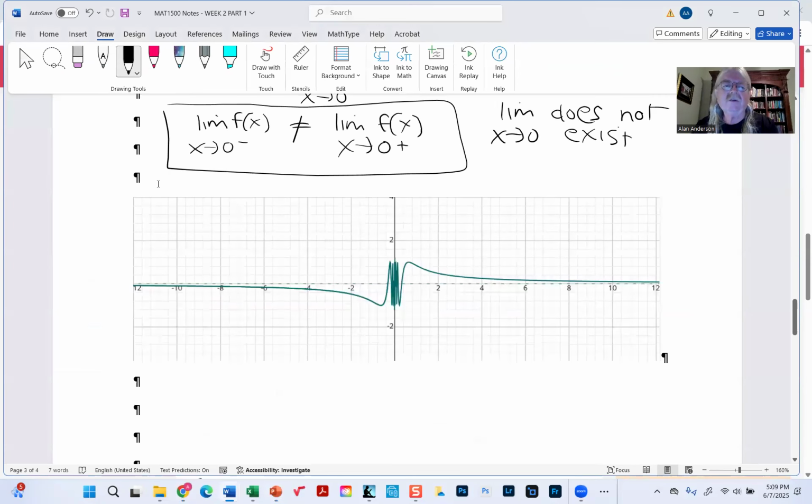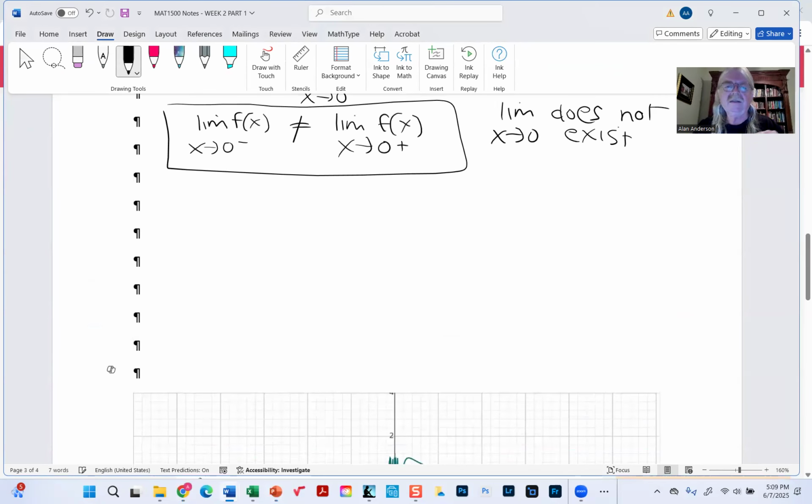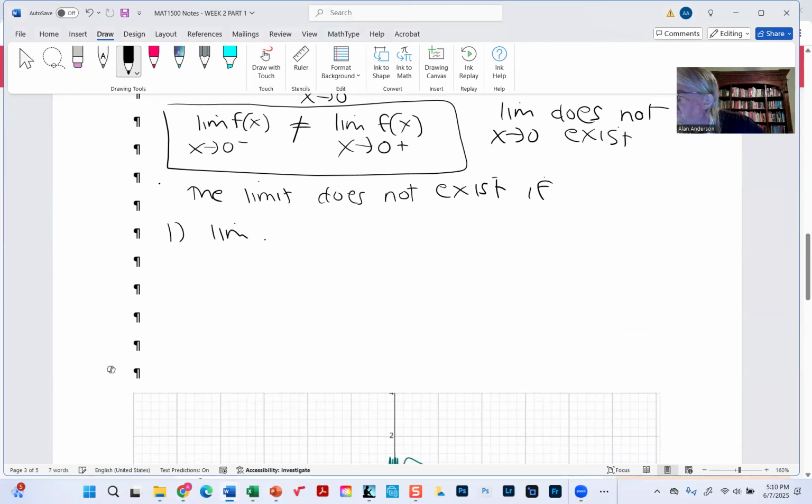By the way, this graph is for this part that we're about to look at. The limit does not exist if 1, and C is just some constant or other.